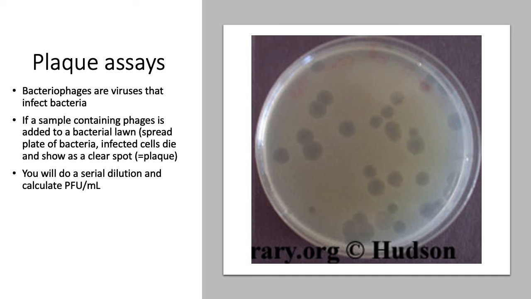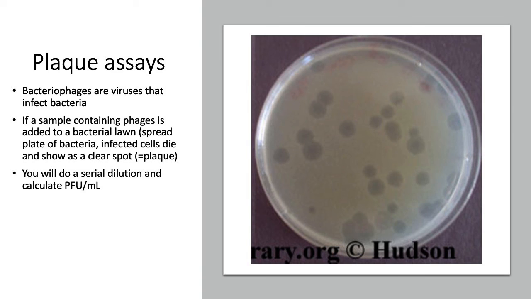So how do you detect the viruses? There is an assay called the plaque assay, and this is particularly useful when you are looking at phages or bacteriophages. These are viruses that infect bacteria.